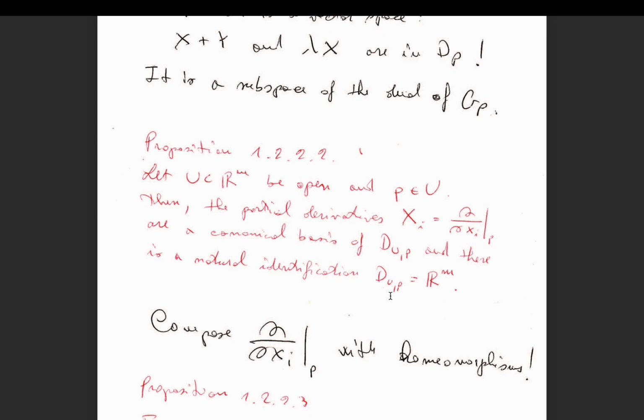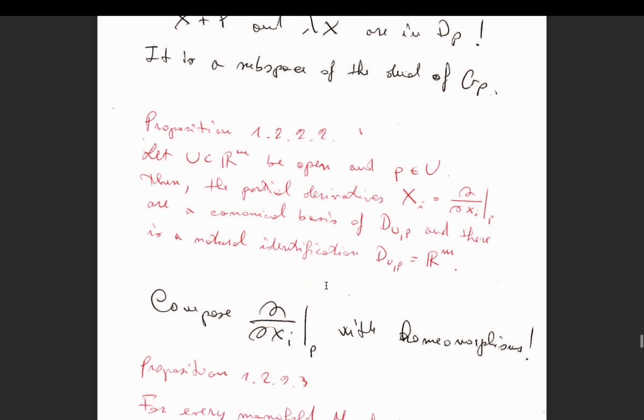The partial derivatives form a basis for the space of derivations at the point P if U is an open set of R^m. This means that D_P U is isomorphic to R^m, the partial derivatives being a basis for it.